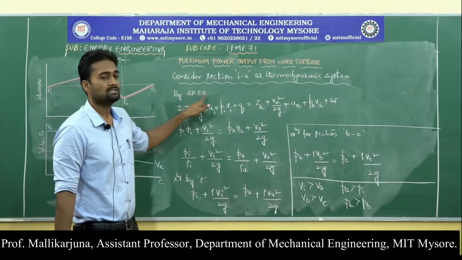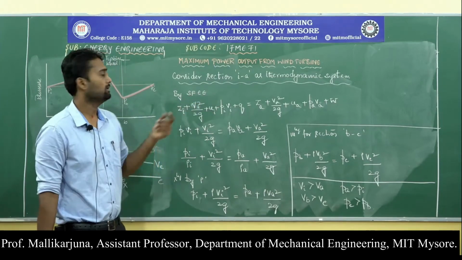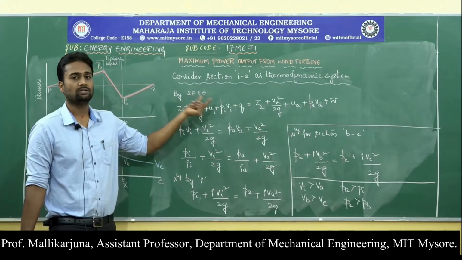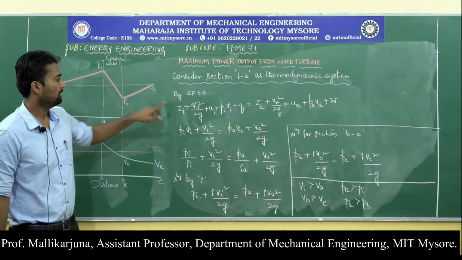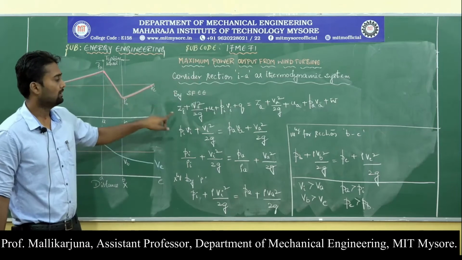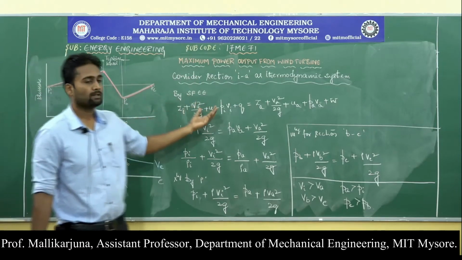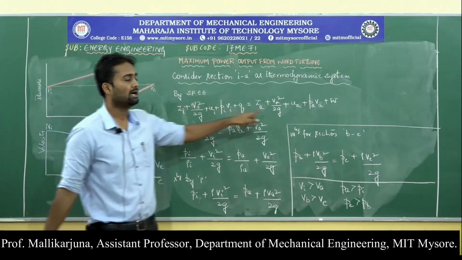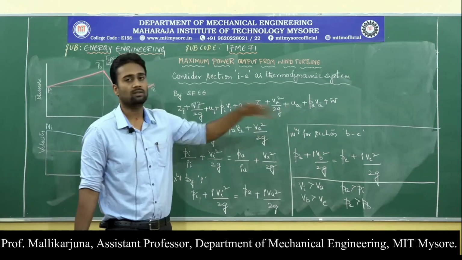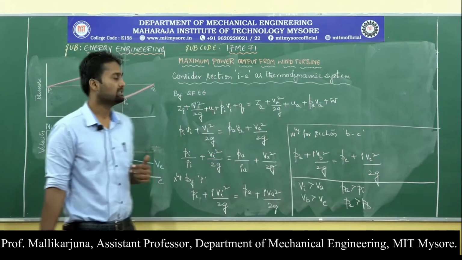I have the SFE for the control volume, steady flow energy equation for the control volume for the section IA. Left hand side is for the inlet section, I section, right hand side is for the outlet section, that is A section.